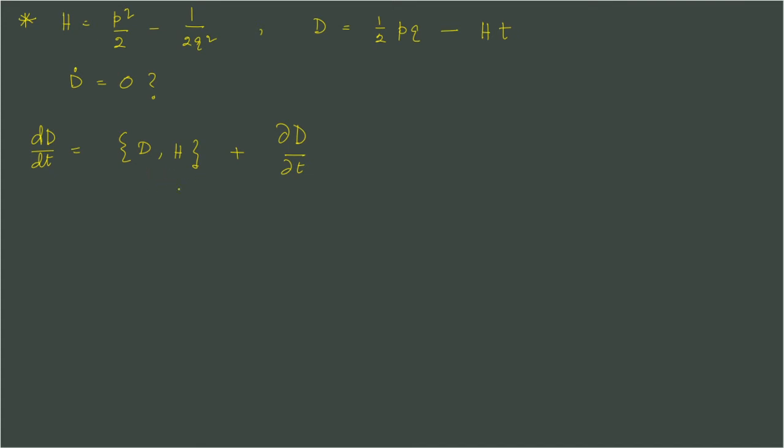We substitute everything to find out that we will have half of the bracket of pq and h, and then minus the bracket of ht and h, another Poisson bracket, and the partial derivative of d with respect to t simply gives us minus h. Now you see this second term is 0.